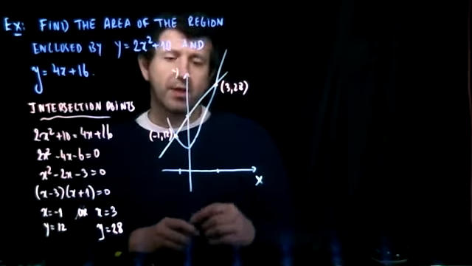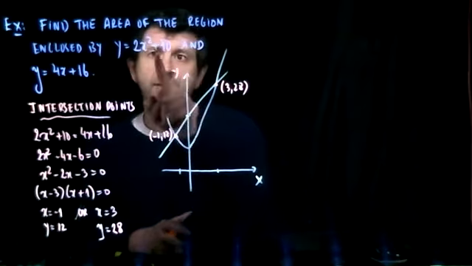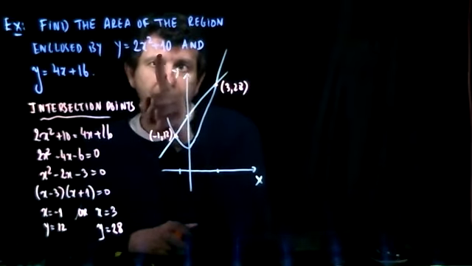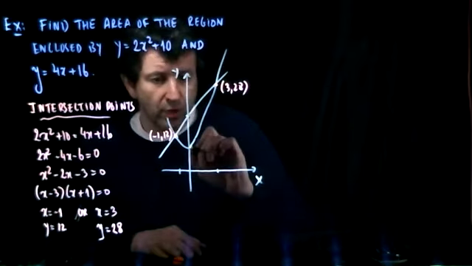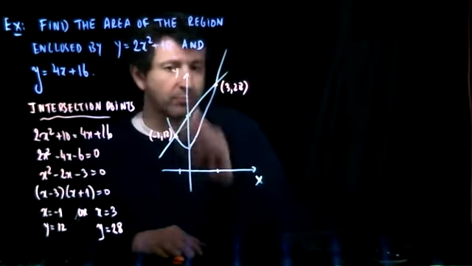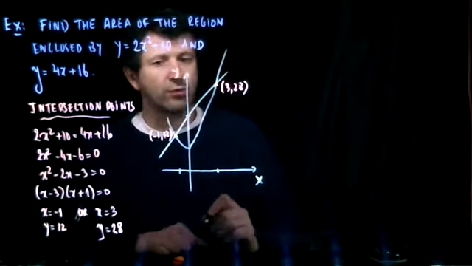Also, it's good to notice that the vertex of this parabola is 0, 10. You don't need it, but it's just for you to have some reference points to draw your graph, to draw your region.